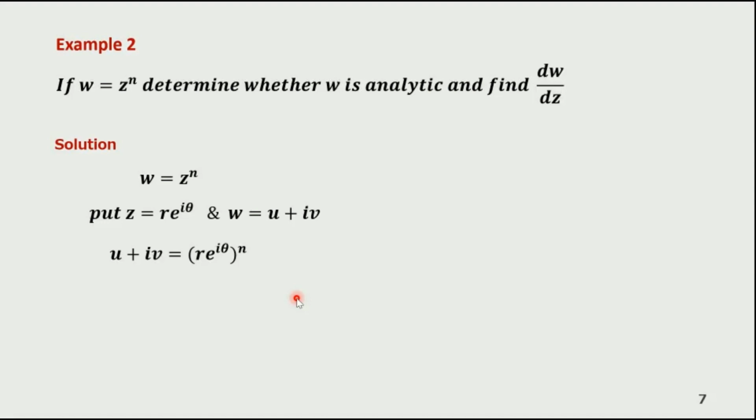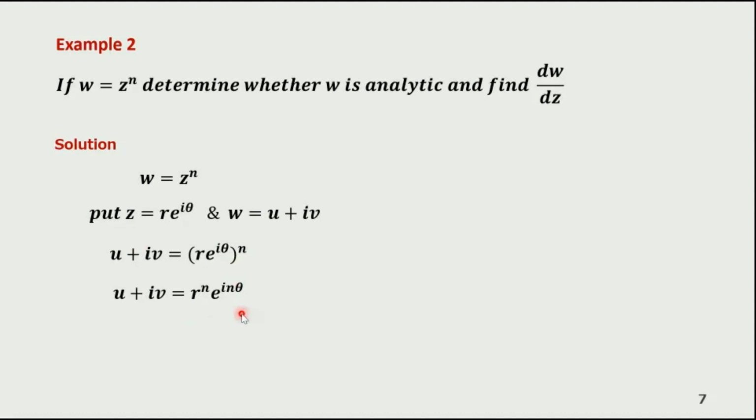We have r e raised to I theta whole raised to n. This is whole raised to n. तो ये n को हमें अंदर लेना है ब्रैकेट के. So we will get r raised to n e raised to I n theta. Correct. R raised to n e raised to I n theta.